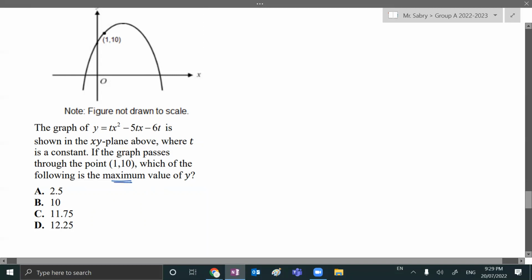So let's say you don't know what to do, but you've read the word maximum, and you know that the y coordinate of the vertex is referred to as either the maximum or the minimum. Vertex. So all I need is to find the vertex and get the y of the vertex.